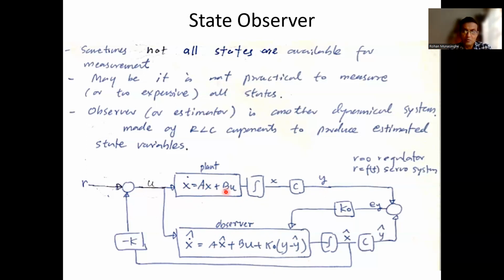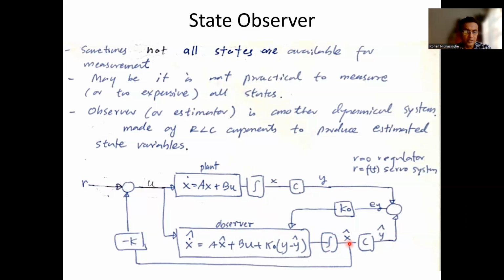Let's assume you have estimated, not measured, estimated. Then you can put all these x hats and run this algorithm. This algorithm produces an output which is very similar to this plant, and once you integrate, it becomes x hat.